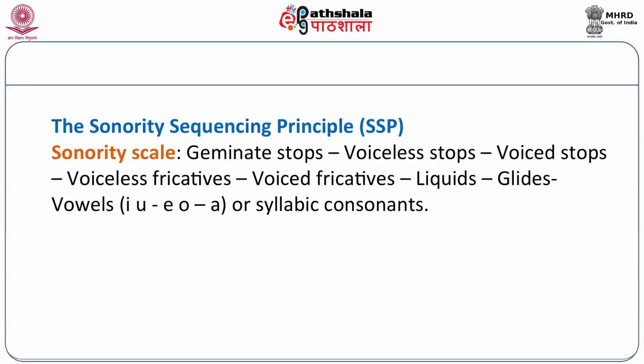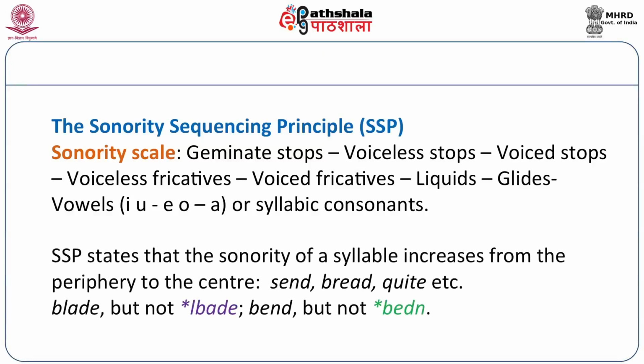The sonority of segments decreases from the nucleus to the periphery, which means that given a syllable structure, the consonants which occur at the beginning of a syllable and at the end of a syllable are less sonorous than the sounds that occur in the nucleus position of a syllable.